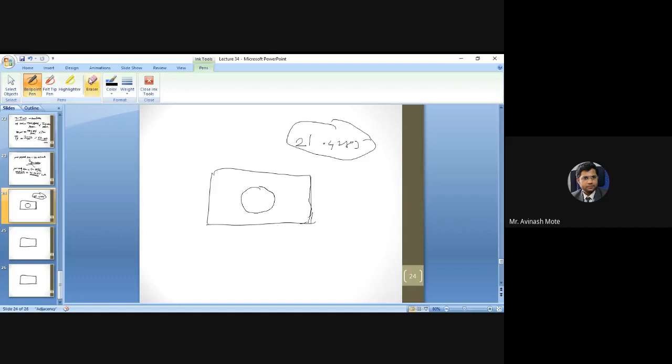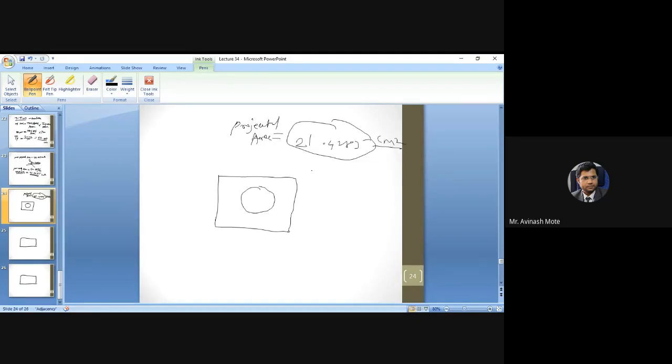I'm not looking at the square, but we are considering this as a square. You can also consider it rectangular, and calculate the dimensions that way. Now this projected area, as per our calculation, is 21.4285 square.